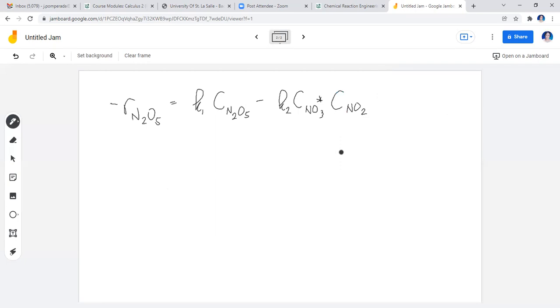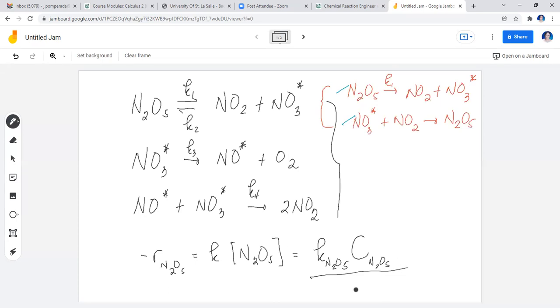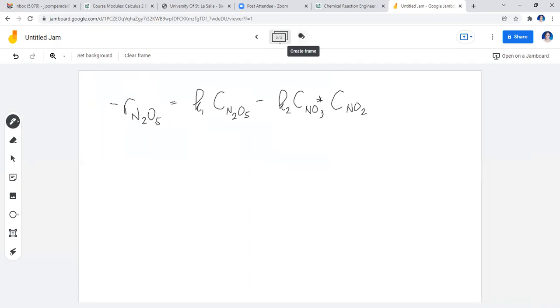We're going to convert this net rate equation into this equation here, which says that it has a first order decomposition with respect to dinitrogen pentoxide. Okay, so this would be our first equation.